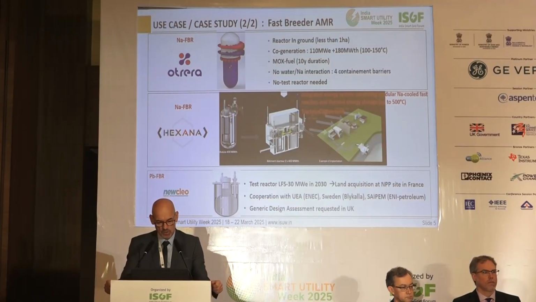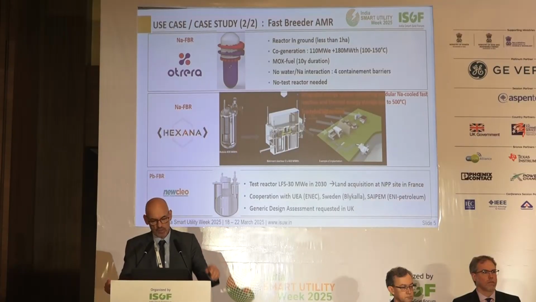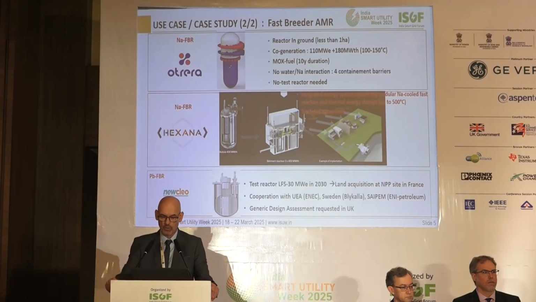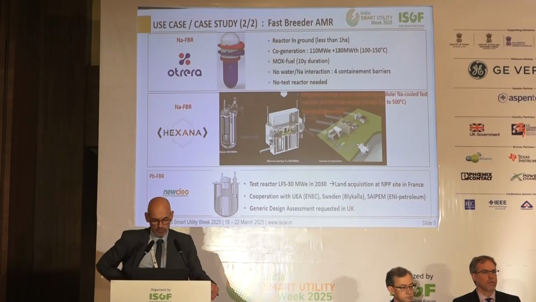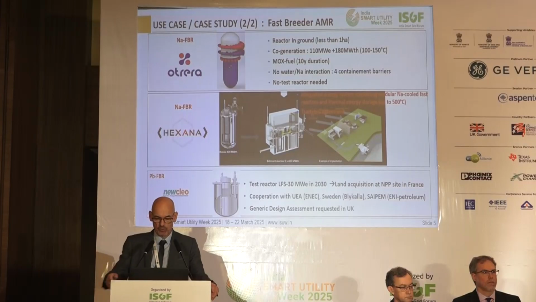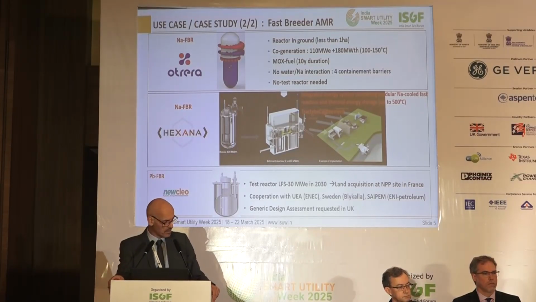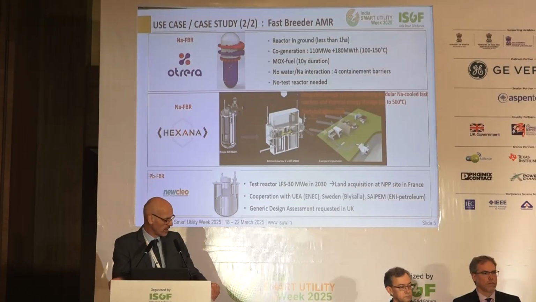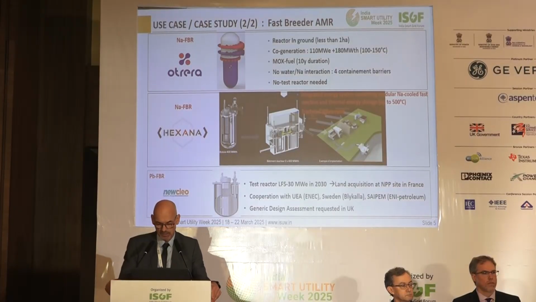Another one which is developed is the lead cooled fast breeder reactor. It will first be based on a test reactor of 30 megawatts electric. The land acquisition is done. It's at a nuclear power plant site in France, Chinon.